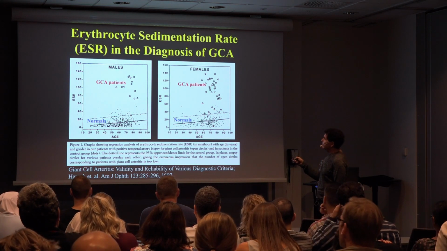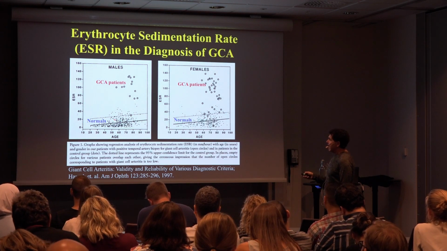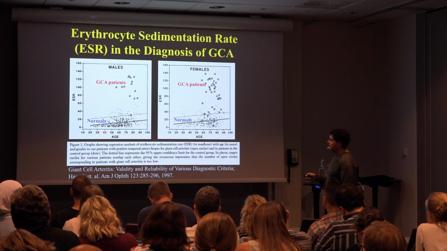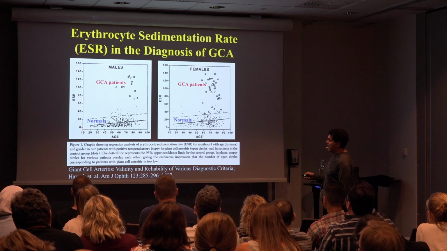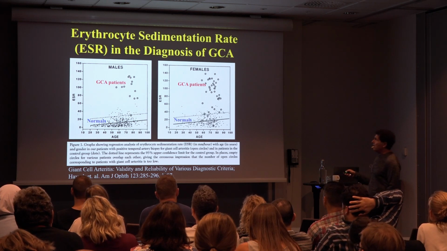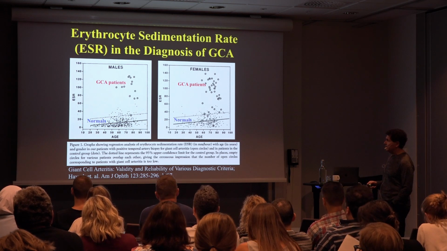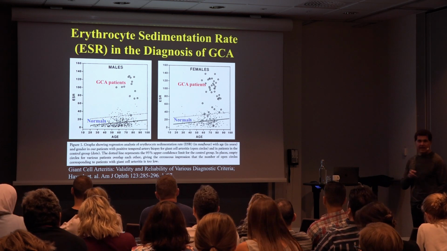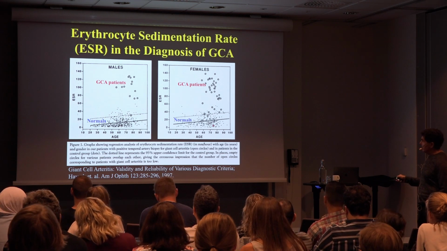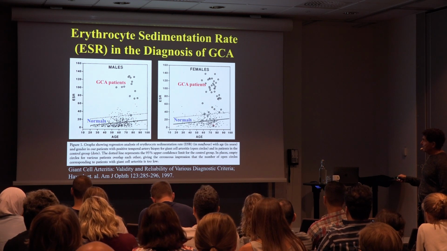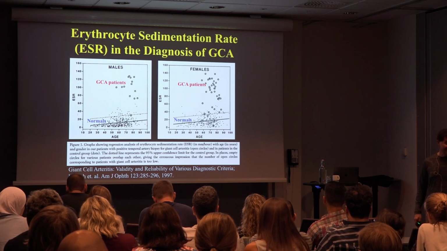This is a graph of the erythrocyte sedimentation rate in males and females. And the black dots are the normal distribution by age. This is the SED rate on this axis in millimeters per hour. And the open symbols are the patients that had giant cell arteritis. And part of the answer to your question lies right here. So look at this. Here's a patient that had a SED rate of 8.